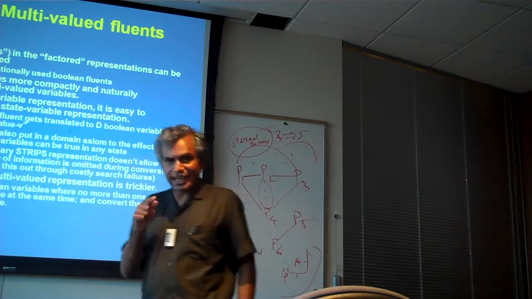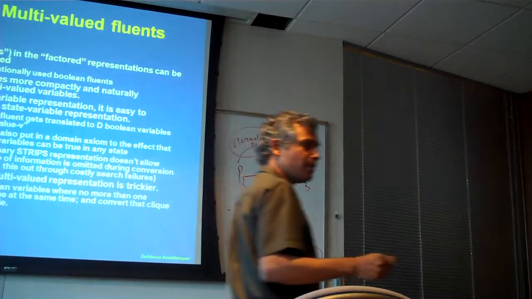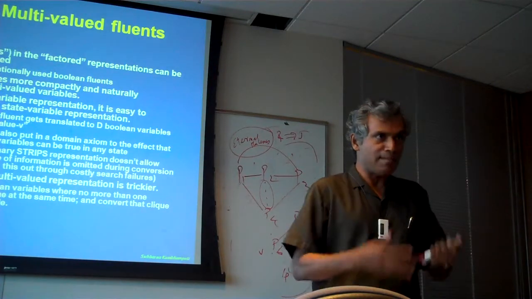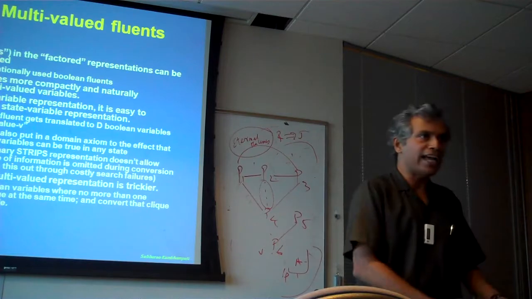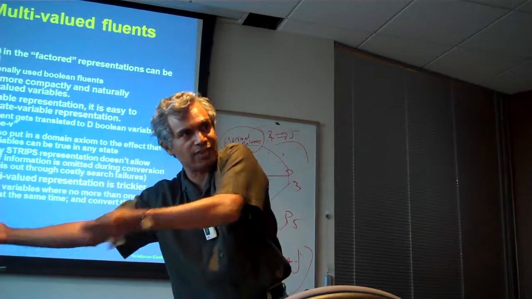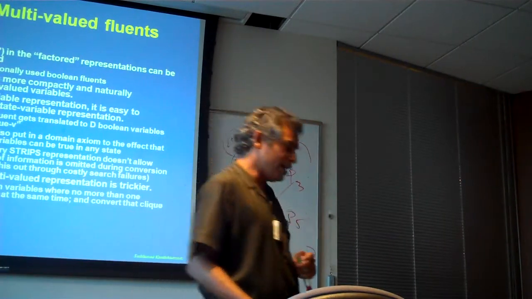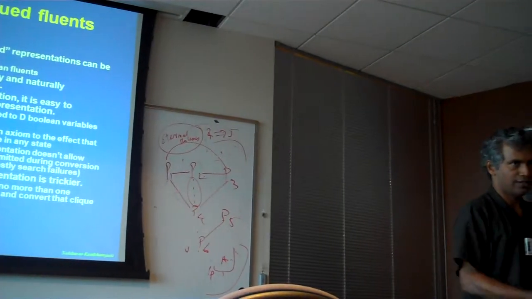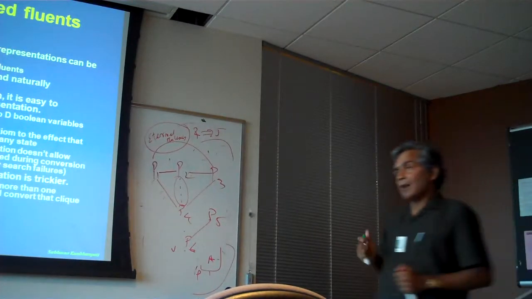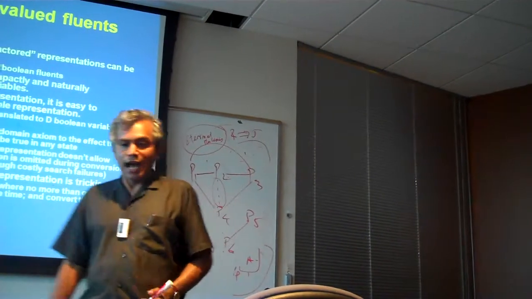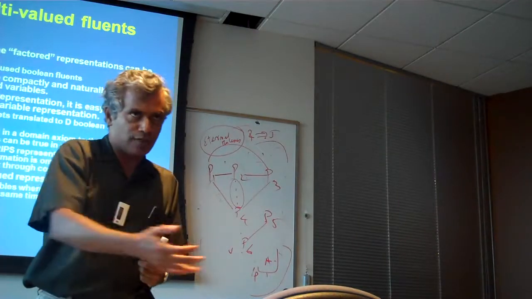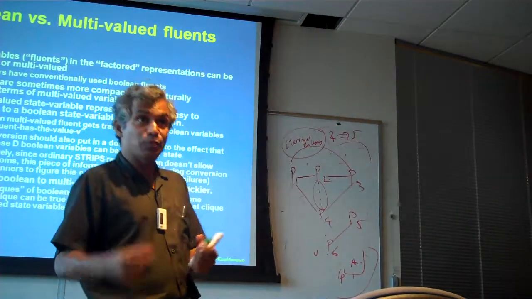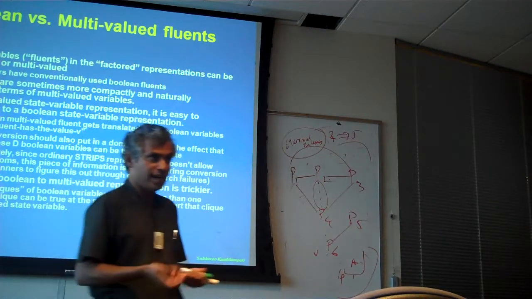In fact, pretty much once you start talking about any search improvement ideas, all of them have this property that you'll spend a little bit of time to save a whole bunch of time in search. So, for example, all of you have read the planning graph stuff in the chapter, right? Suppose I ask you the following question. In the planning graph you do mutex propagation. It finds the mutual exclusions between pairs of entities.